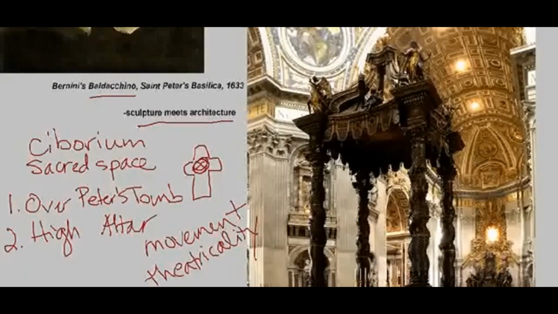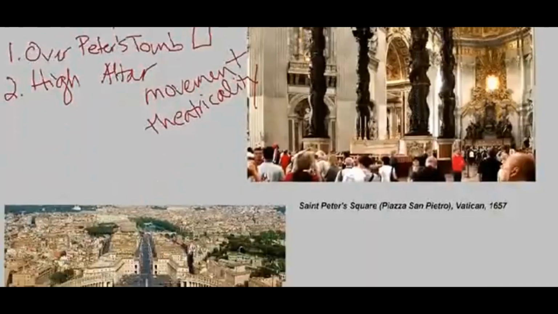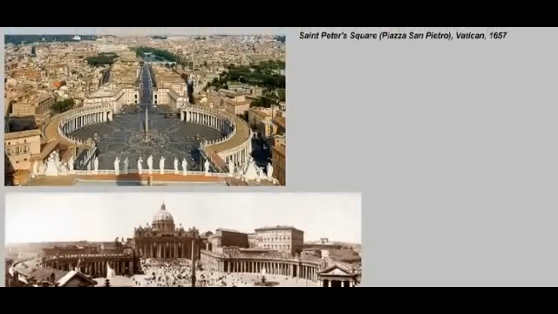There's a real sense of movement throughout the baldacchino, in these spiraling columns, these moving, delicate angels. And there's a theatricality in the way the viewer's attention is directed. It's not just sitting there, but it really has an active role in the interior of the basilica. Now, let's move on and look at the outside of St.